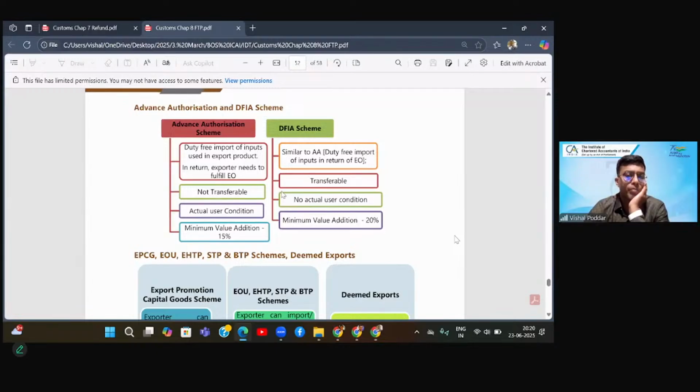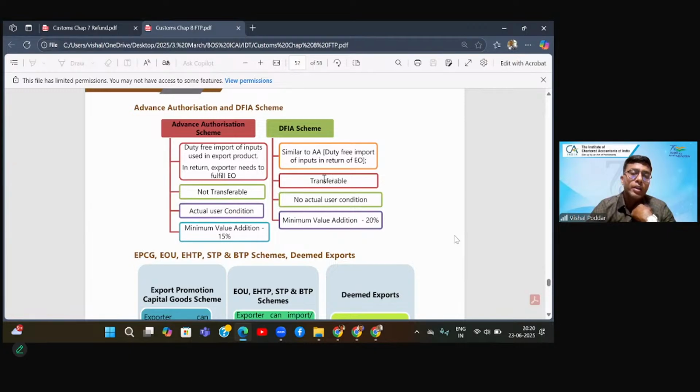Now, both these are complementary conditions. Where it is non-transferable, what does it mean? Whatever you have imported, you have to compulsorily use it yourself. You cannot give it to others. And that is also what the actual user condition means: only the person who is going to use it can import it. So if I am importing in excess, which I do not want, I cannot sell it to anybody else. And if I do that, I'll have to pay the import duty which I had taken as exemption or concession.